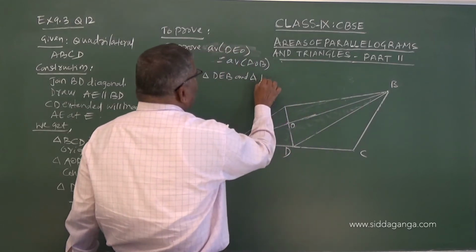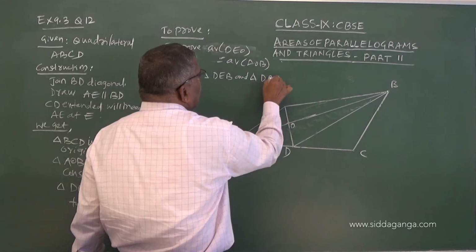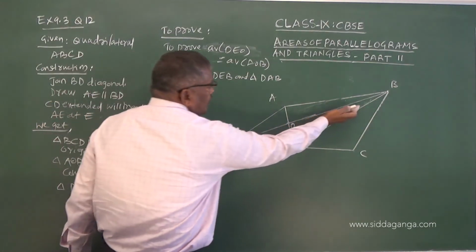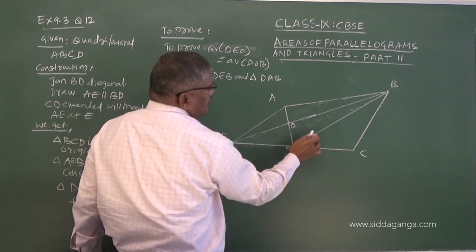So DEB and DAB, these two we have to take. This full length and this triangle.